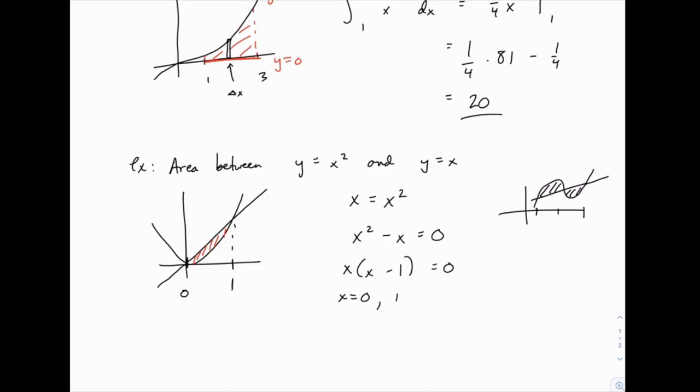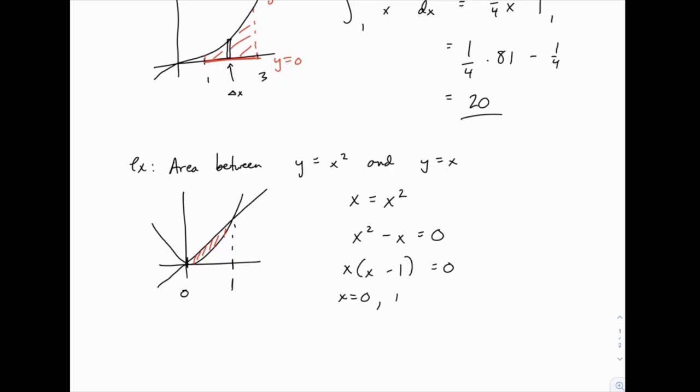We'll get to those later on, but it may be that your functions cross more than twice, and that's why it's always important to draw a picture at the beginning so you have a sense of the overall structure of the problem and you can predict how much you need to look for and how complicated it's going to be. So we'll set that one aside for now and return to our problem here.